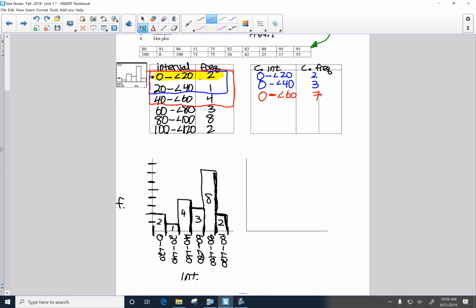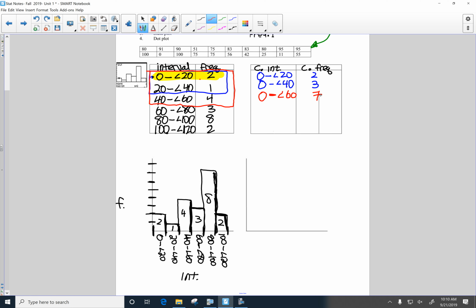All right. Now, once you get a sense of the trend, you really never have to do that again, because what's happening here is, and I don't like removing the thinking from this, because then you lose a sense of what a cumulative frequency histogram is telling you. But in terms of just quickly getting the table, what you're doing is you're just going from the lowest value in your set of intervals, which is 0, and you're making that the low end in every interval.